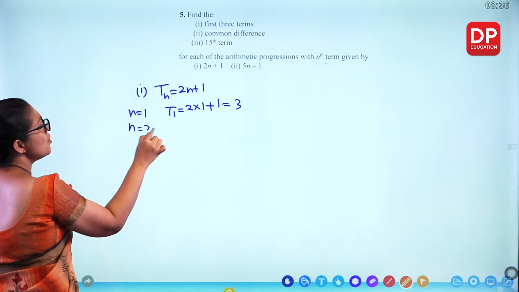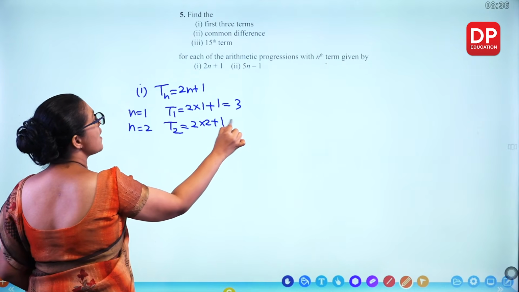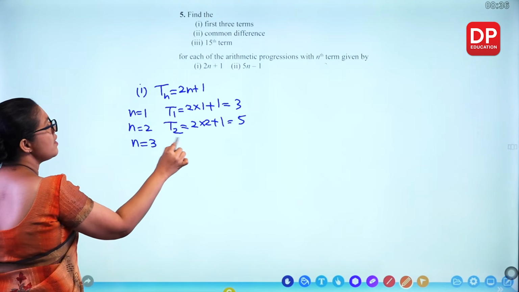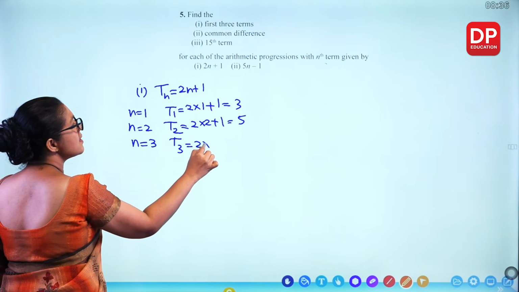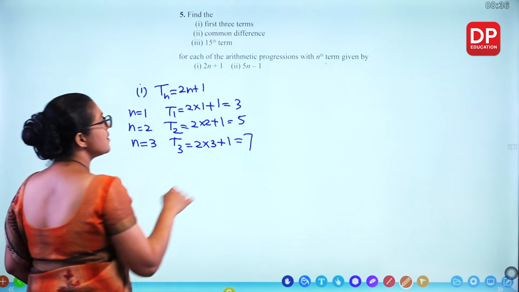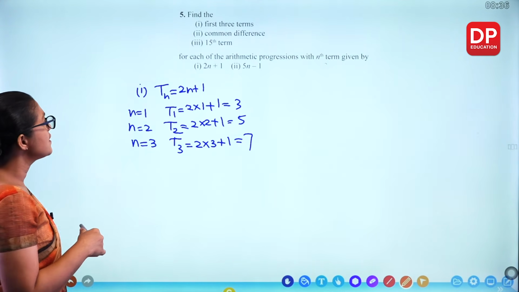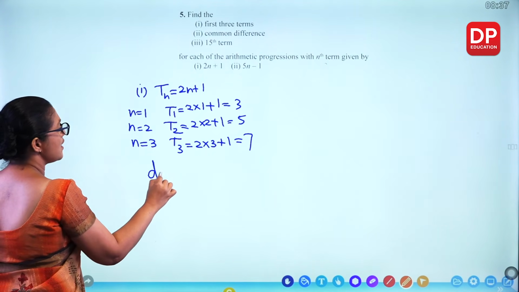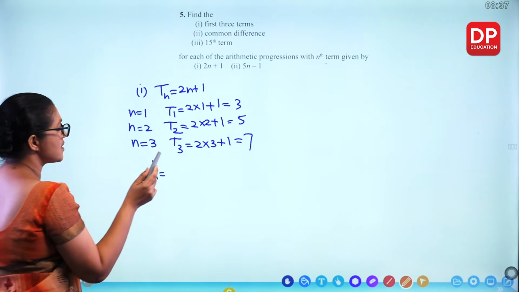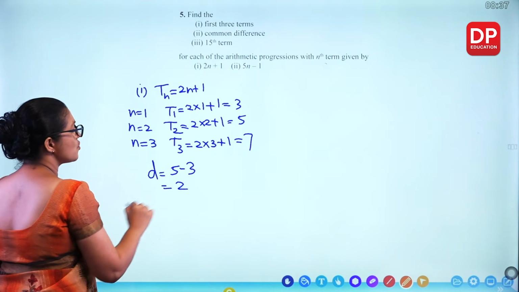N equals 2, you get the second term. 2 times 2 plus 1, that's 5. N equals 3, you get the third term. 2 times 3 is 6 plus 1, you get 7. Those are the first three terms. Common difference, you can easily find out by taking the difference. 5 minus 3 is 2.